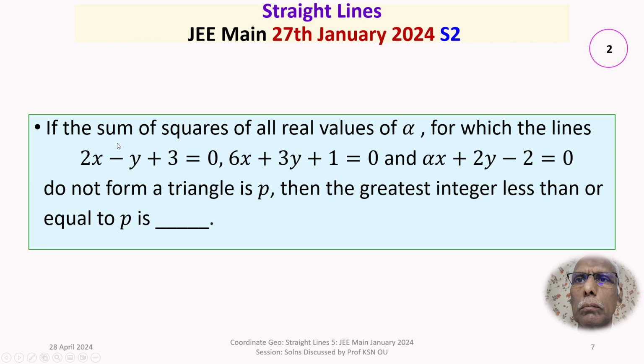And you have to find the sum of the squares of all real values of alpha for which these 3 lines do not form a triangle is P. The sum of the squares is P. Then in that case, find the greatest integer less than or equal to P. That means find bracket P, where bracket is the greatest integer function.